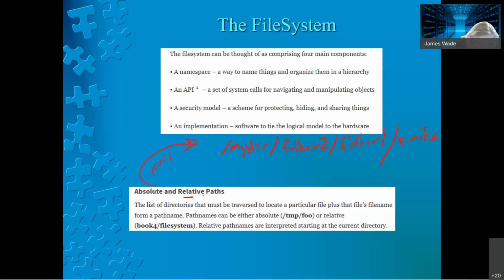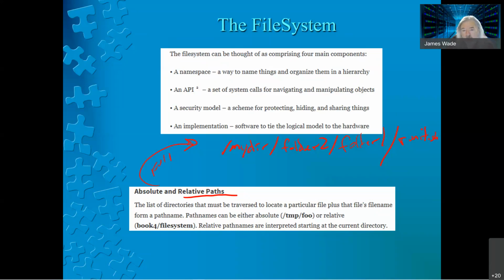Relative path. Who can tell me what a relative path is? Yeah, it's not a shortcut. Seth has it right. The relative path is from where you are to where you're making the path to. Not necessarily a path from another file.